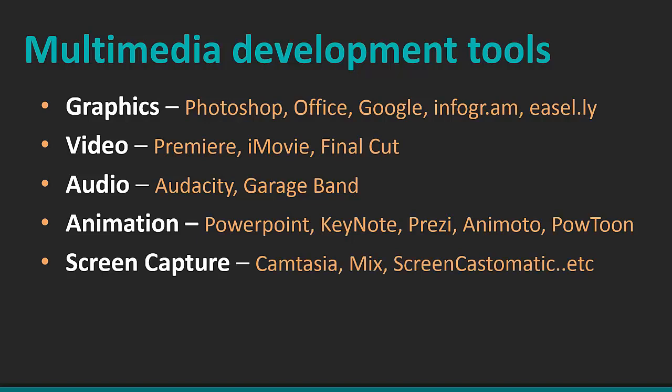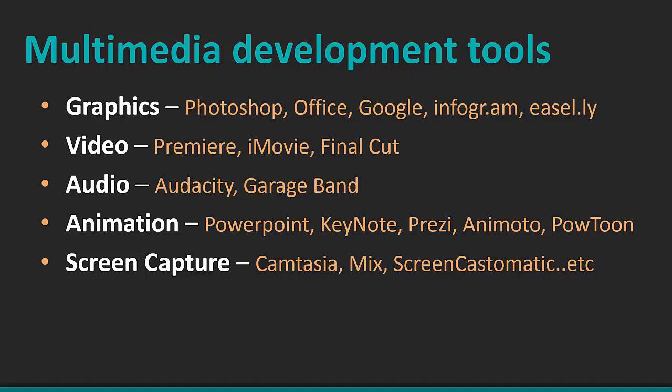Screen capture. Everybody who finishes this course will have a very good skill set using screen capture software. Camtasia is the tool that we're going to use in this course, but Adobe also has one called Captivate, and we don't teach it at Coastal just because of some licensing issues, but Camtasia does virtually everything that Adobe Captivate does.